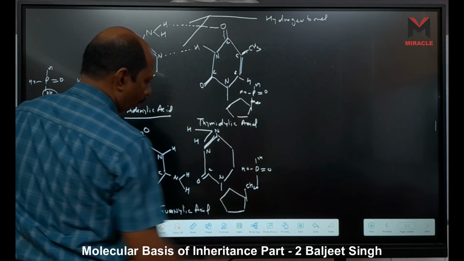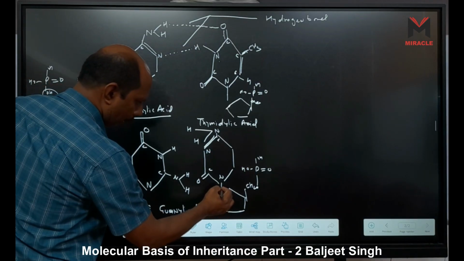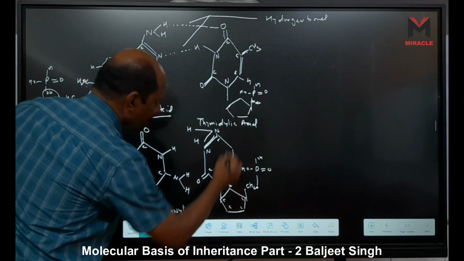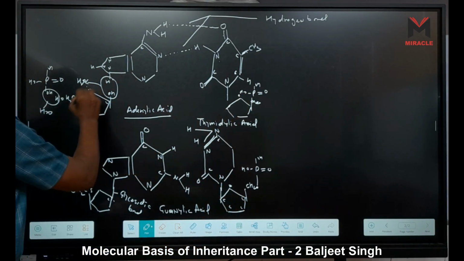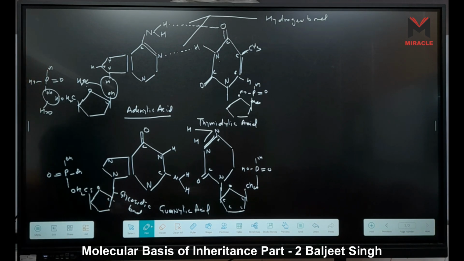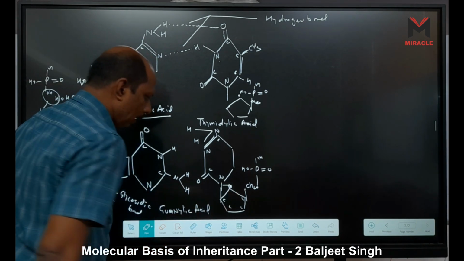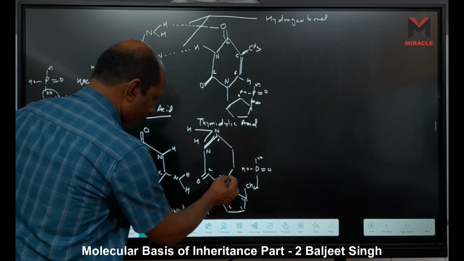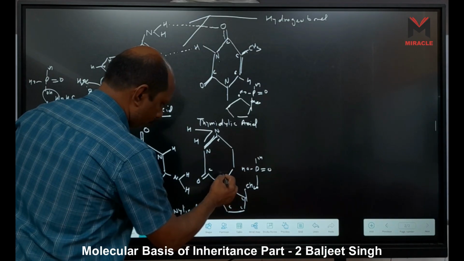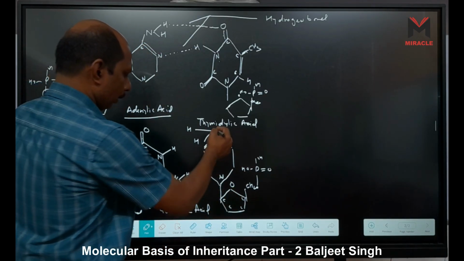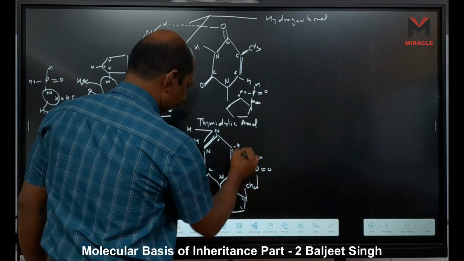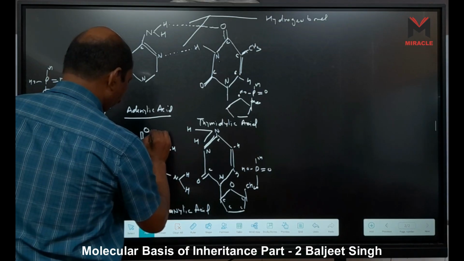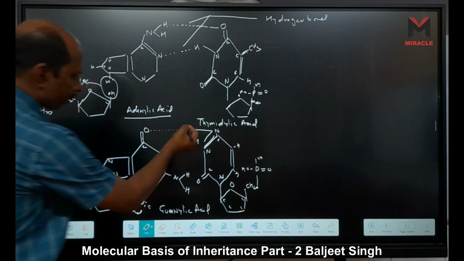CH2O. Now look here, first carbon, second, third, fourth, this side O, this side O. We should write it, otherwise you get confused. Now there is no confusion, I think, right? This is the O, N. Okay. This side H. Now look here how a triple bond is formed. The first hydrogen bond is formed between this oxygen and hydrogen.